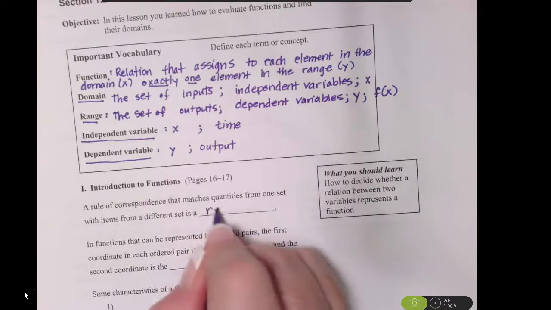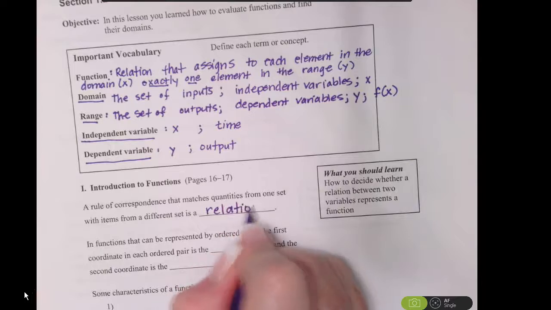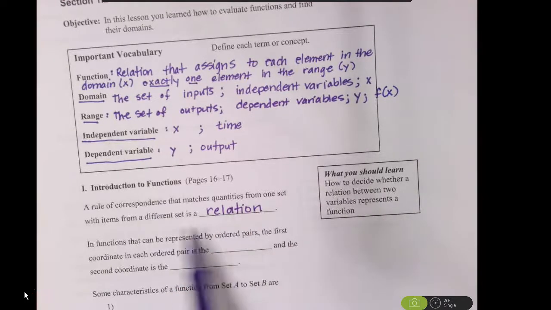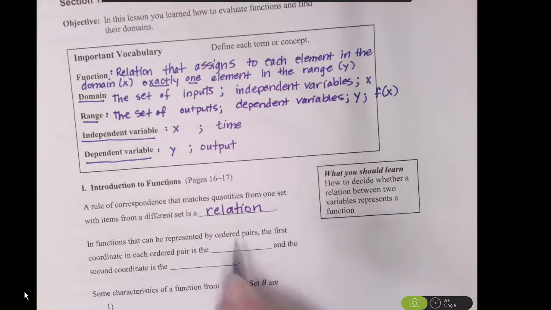I'm going to call that a relation, because we're not being quite specific to say whether it's exactly one. In functions that can be represented by ordered pairs, the first coordinate in each ordered pair is the domain, and the second is the range.